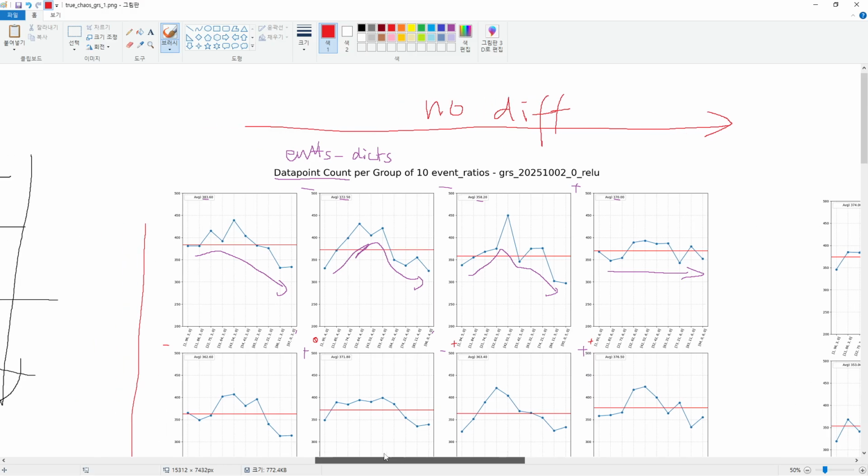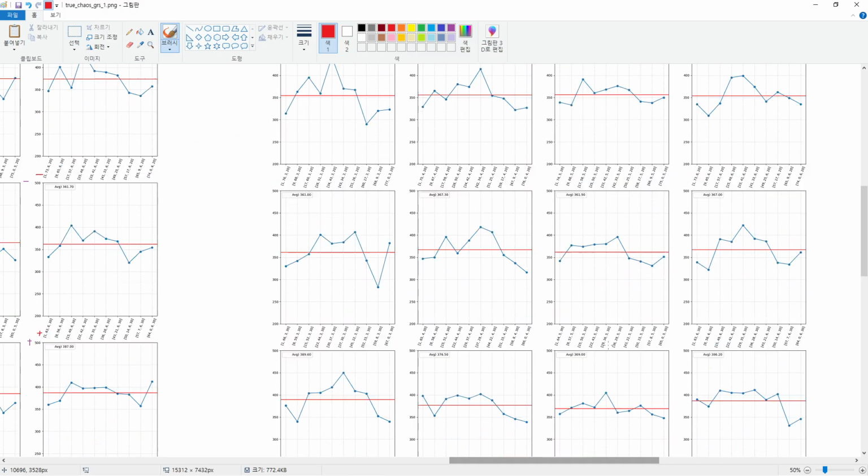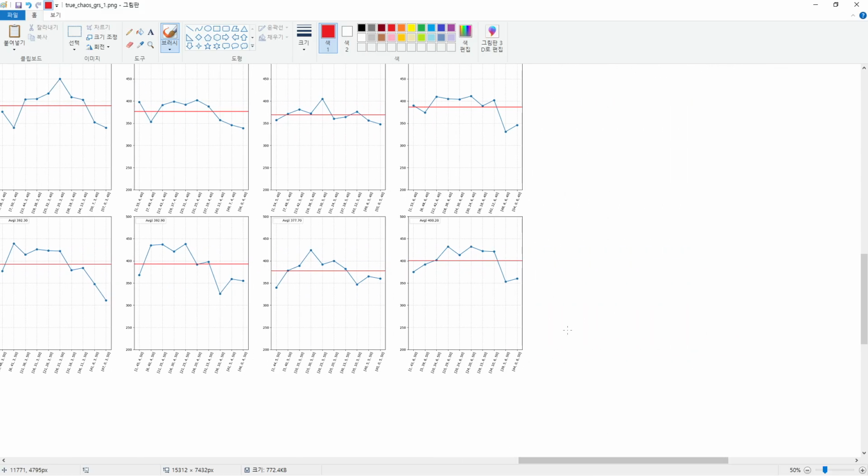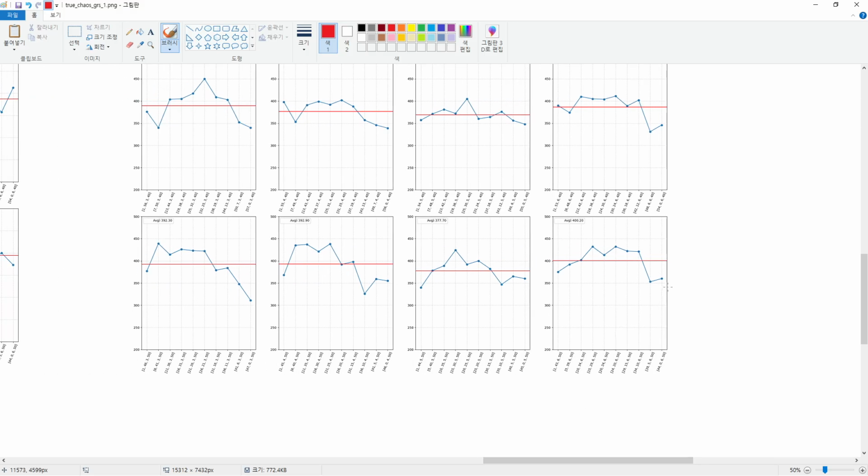Yeah. I mean, it could be that the range that I'm testing within is too small for the data point counts to actually matter or show any difference.